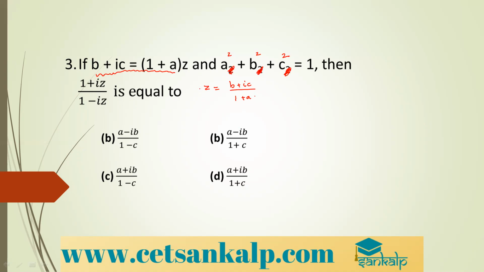Now I will multiply i on both the sides, so that I will get 1 by iz. I'll take the reciprocal, which will be 1 plus a by, when you multiply this, you will have ib plus i square c. i square is minus 1.